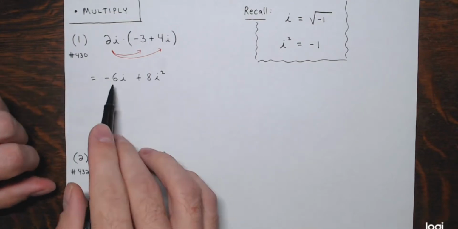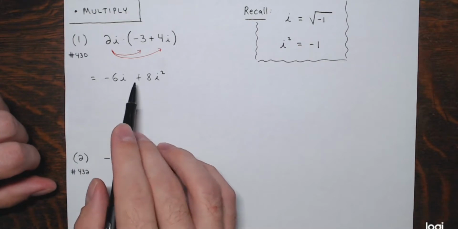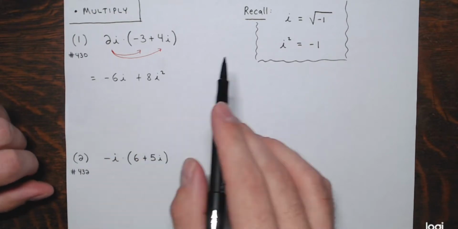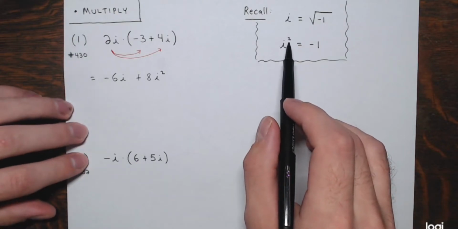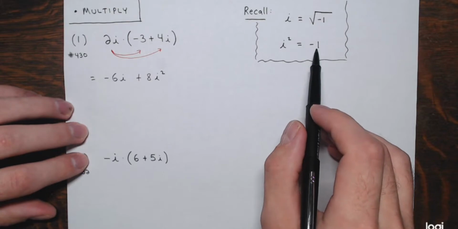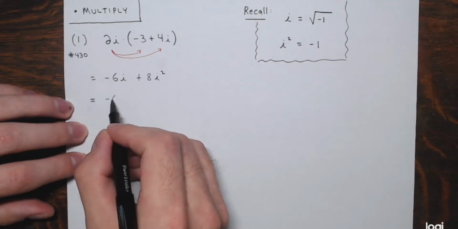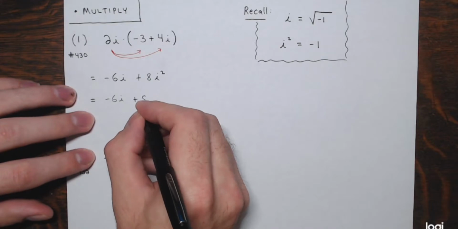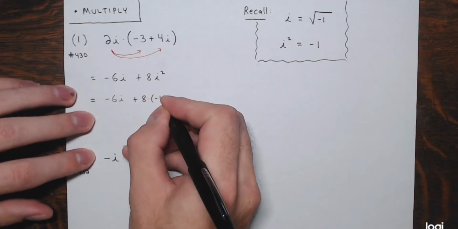Now, we shouldn't ever be seeing powers of i higher than 1, because whenever i is raised to a second power, that's just negative 1, by definition of this i. So this is negative 6 times i, plus 8 times, and then i squared is negative 1.